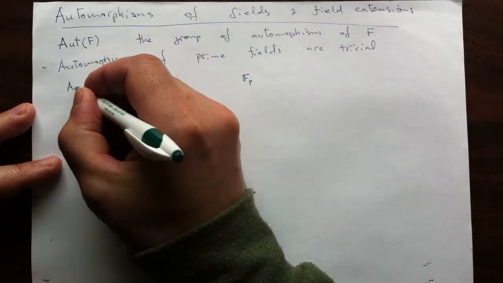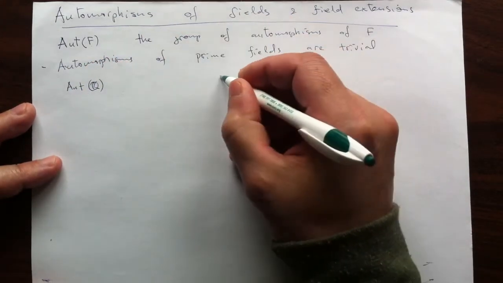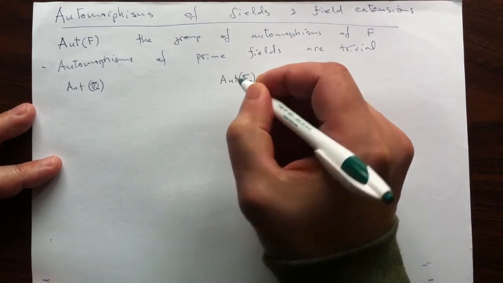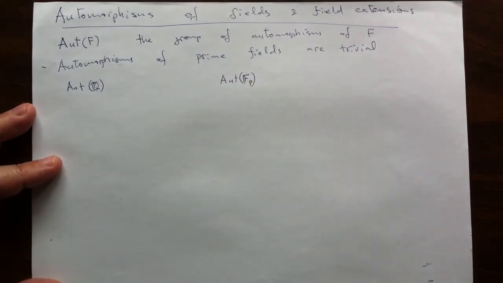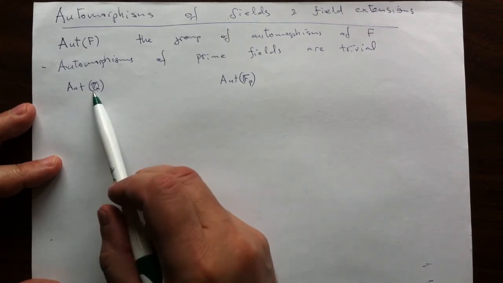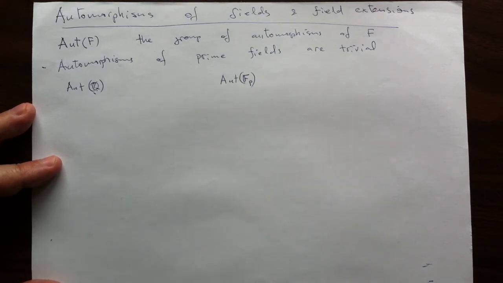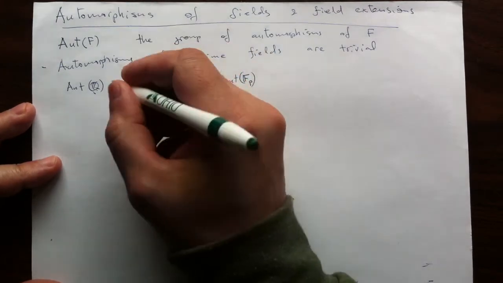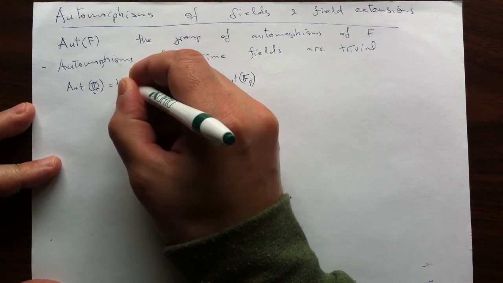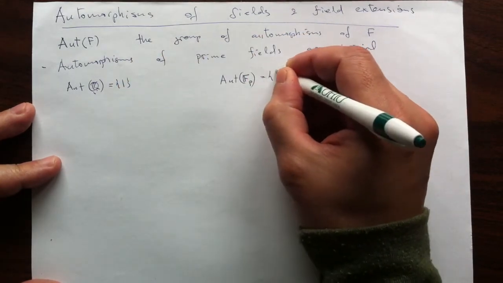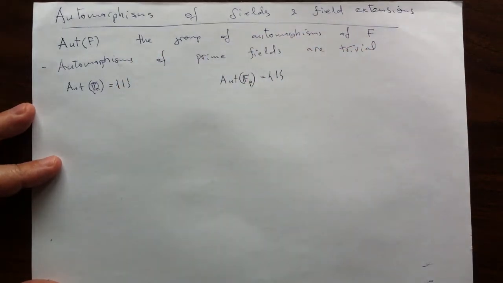In both cases, from the construction of them, it's easy to see that bijective homomorphisms from the field Q to itself must be identical, and so it is for the field of p elements. So the groups are trivial, just consisting of the identity element.